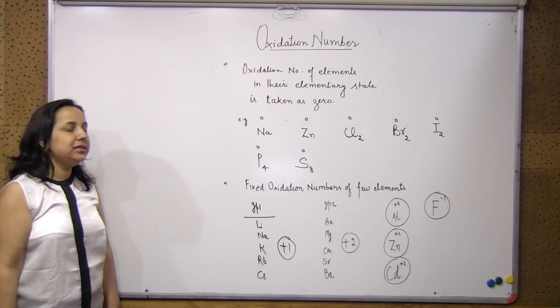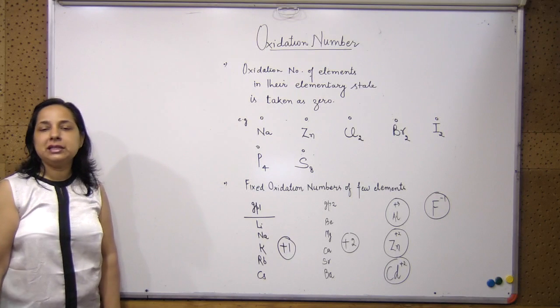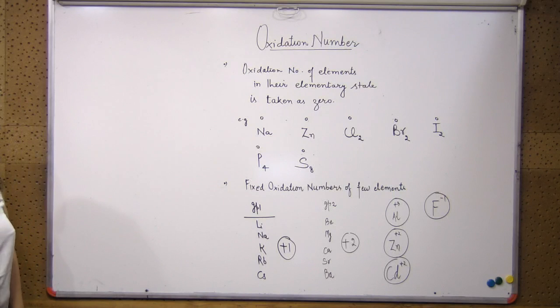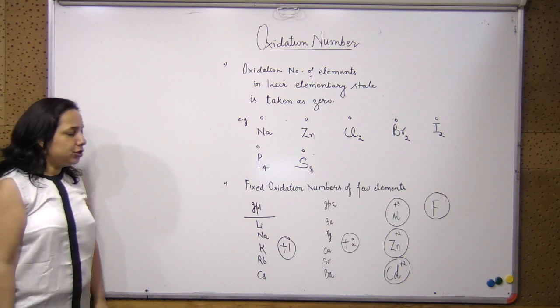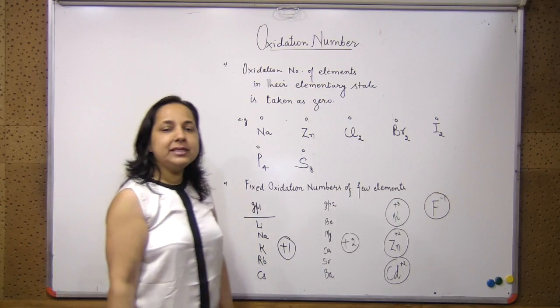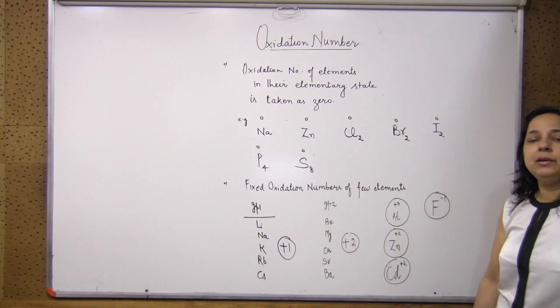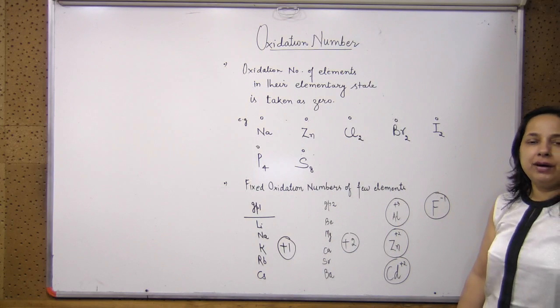Thus we can say these elements we must remember, we must learn. It's going to be lithium, sodium, potassium, rubidium, cesium. Then we are having group 2: beryllium, magnesium, calcium, strontium, barium. Then it is aluminium 3 positive, zinc 2 positive, cadmium 2 positive and F 1 negative.